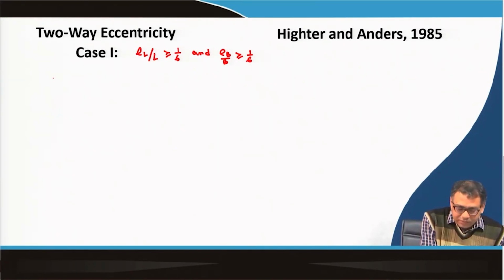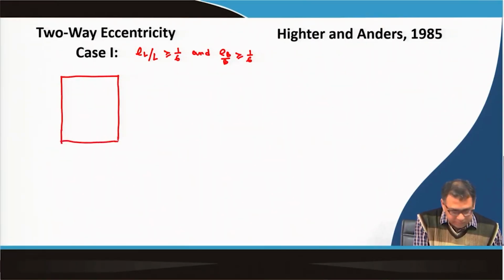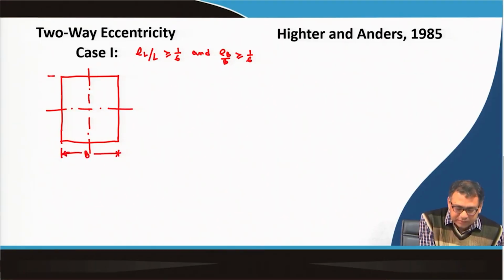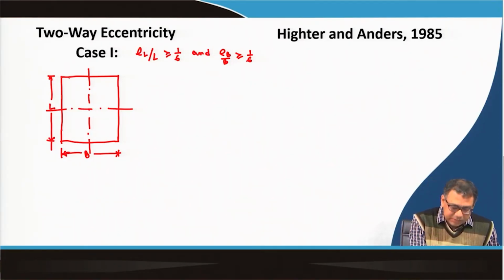So, now in case 1, if this is the loading condition, this is the footing, this is the center line, this will be the width of the footing, and this is the length of the footing. Then the effective area will be like this.